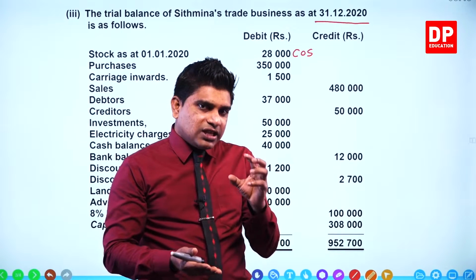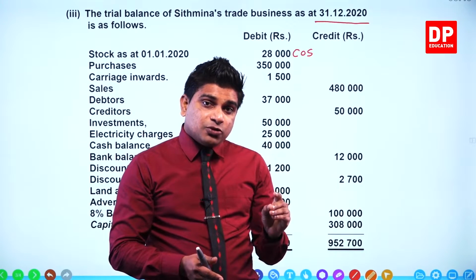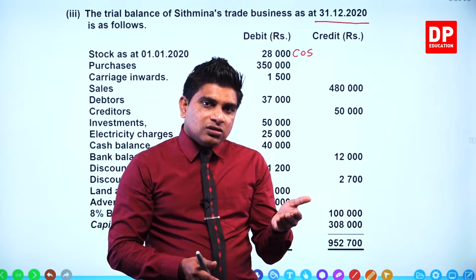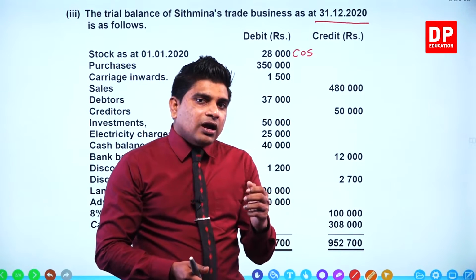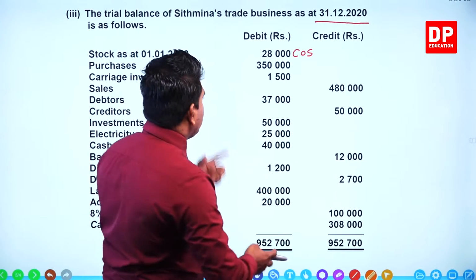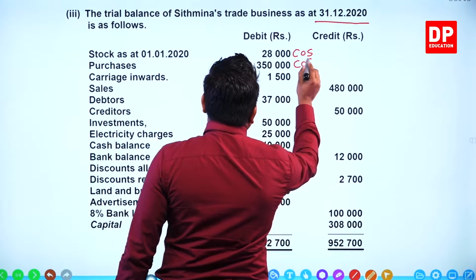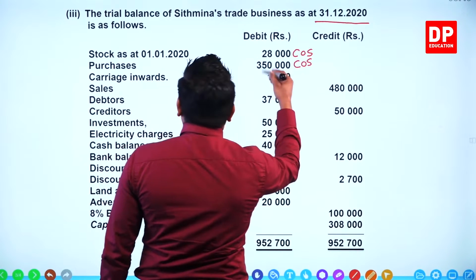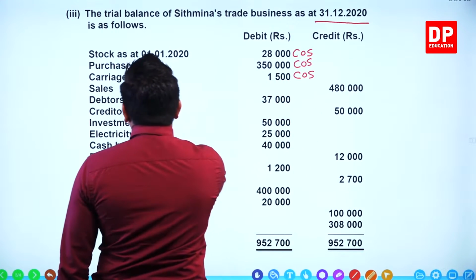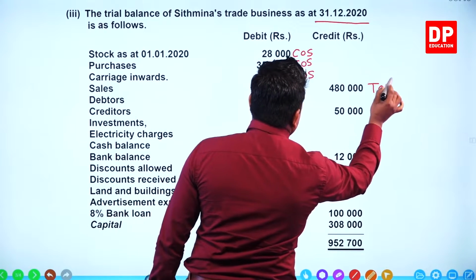So opening stock, purchase and purchase related expenses, and also closing stock we use to calculate cost of sales, right? Then carriage inwards we have to add to the purchase, so that one also we take to calculate cost of sales.